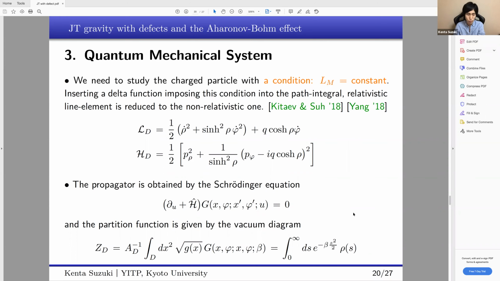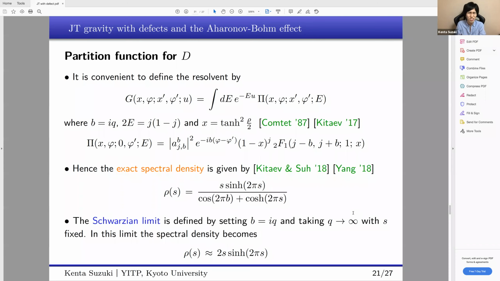So in order to solve this system, or this Schrödinger equation, it's first convenient to introduce a resolvent, which is given by this Legendre transform expression.